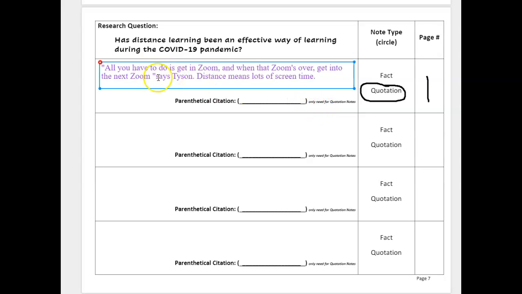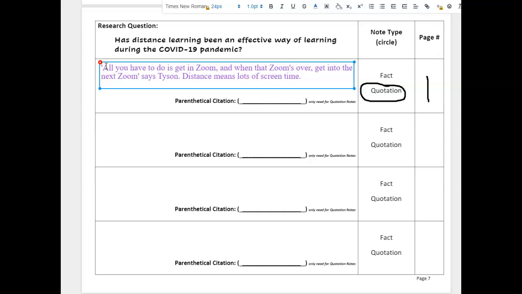So here's how you handle that. You take the original quotation marks and you turn them into single quotation marks. And then you'll put the normal set of quotation marks at the beginning and the very end.